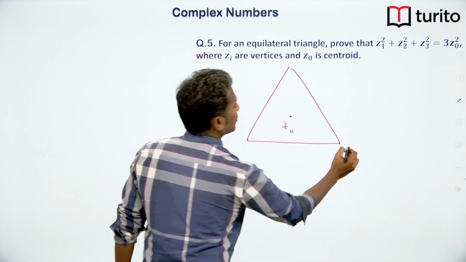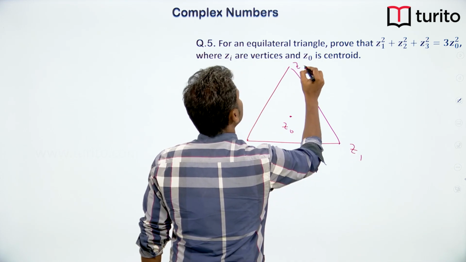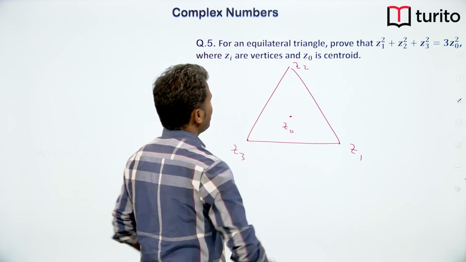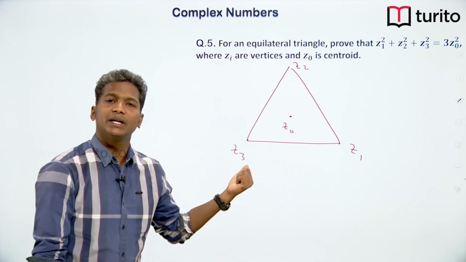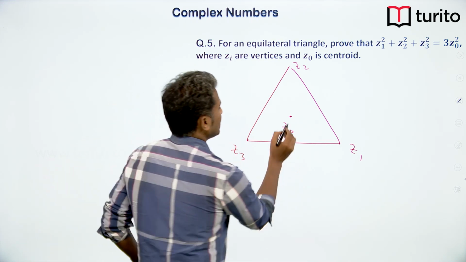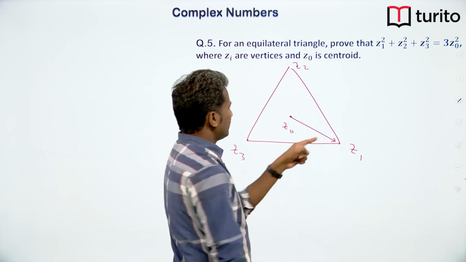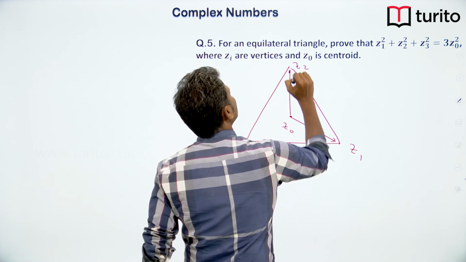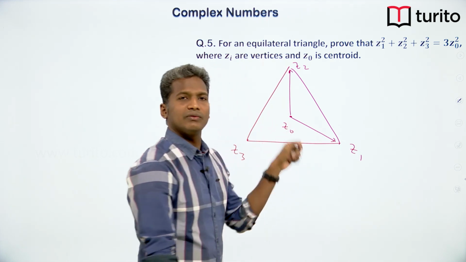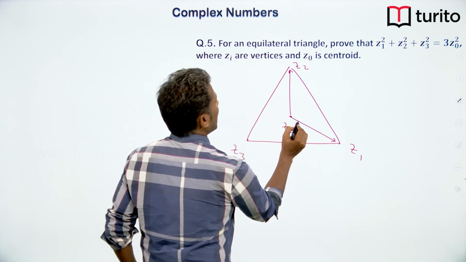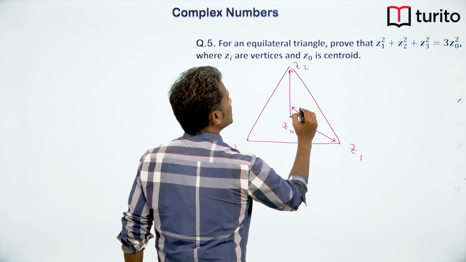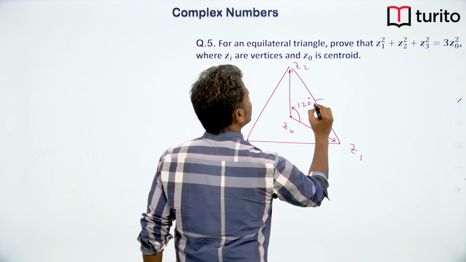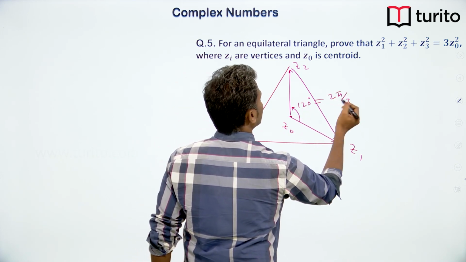Let us say this is Z0, this is Z1, this is Z2, this is Z3, and assume that this is going to be an equilateral triangle. Now, this vector, Z1 minus Z0, and this vector, Z2 minus Z0: if you check the angle between these two vectors, it is 120 degrees, which is also 2 pi by 3.